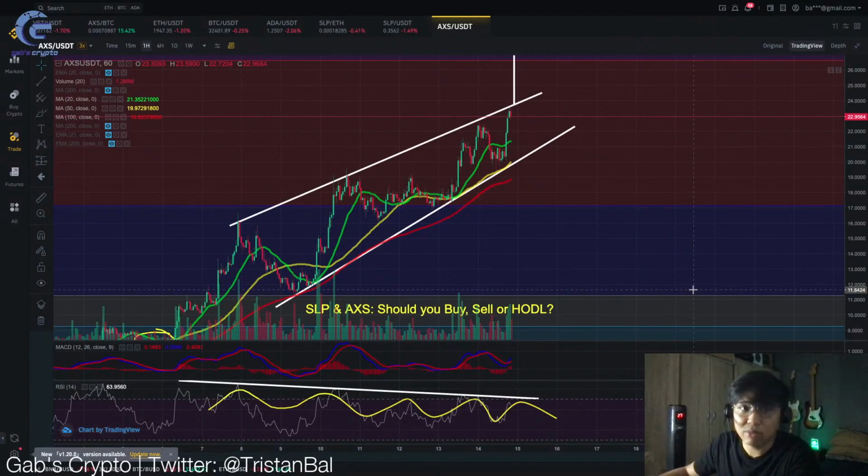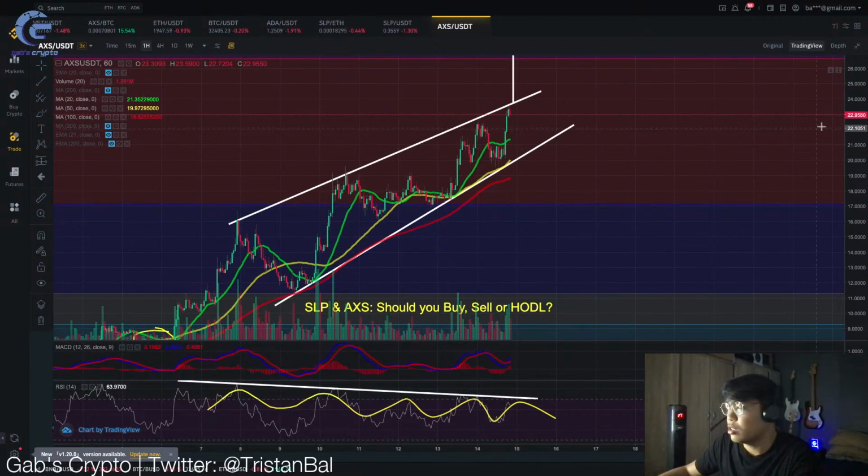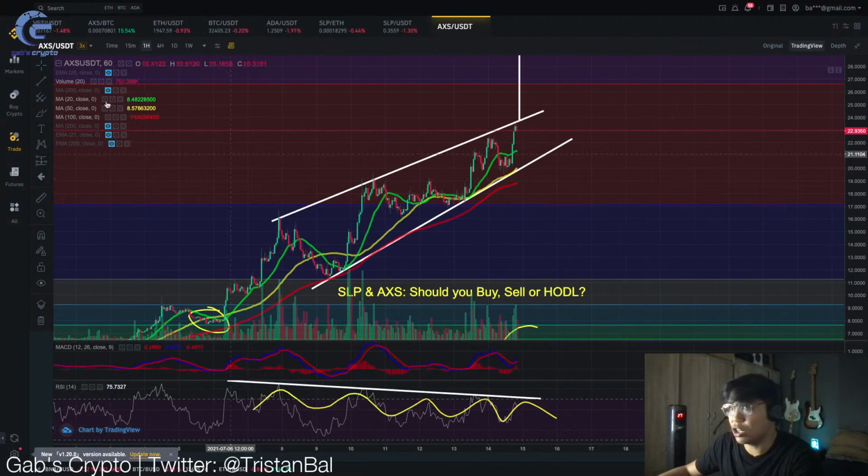Meron tayong bullish and bearish scenario. Ito yung kailangan nyo intindihin pag papasok kayo sa crypto market. Kailangan nyo intindihin kung ano ba yung mga scenarios na tatahakin nyo. If nagkaroon tayo ng breakout, so yung first scenario natin is yung bearish scenario, which is more likely to happen dahil overbought at saka nagkakaroon ng declining RSI. So the bearish scenario would be something like this.